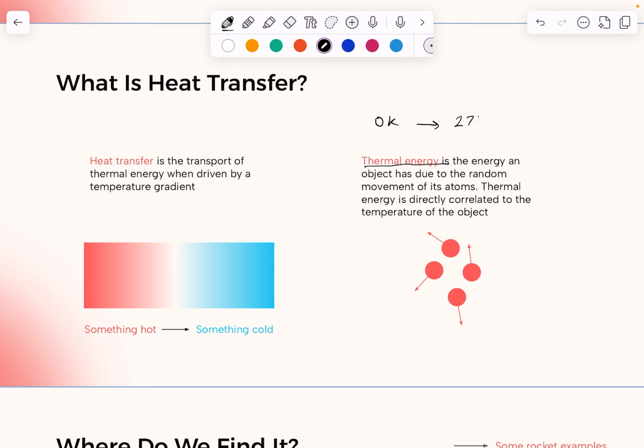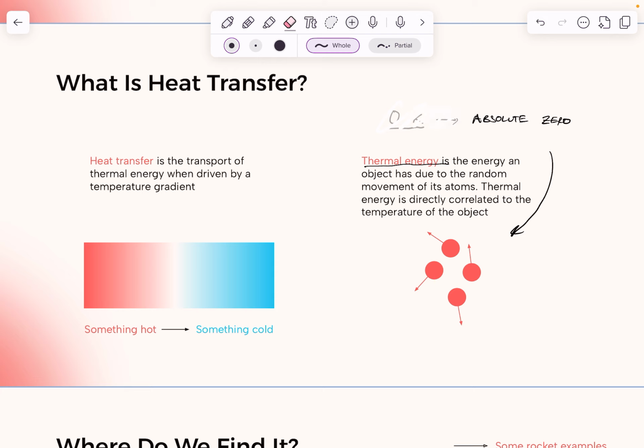So 0 Celsius is 273 K. That 0 Kelvin is associated with absolute zero, and absolute zero basically means that these atoms are really frozen in place. So that's kind of how that scale is derived. 0 Kelvin is associated with atoms that are frozen.